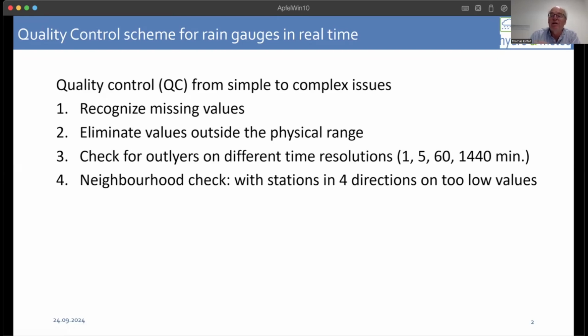So if in the 4 directions you have values which are considerably higher, for example, if the middle station has 0 millimeters and all around you have 5 millimeters, both seen within 1 hour, then these 0 millimeters can be considered as being false, or at least they are not corresponding to their neighborhood.